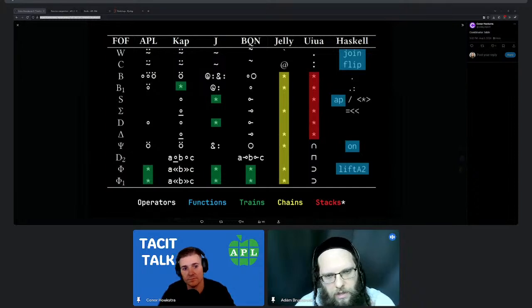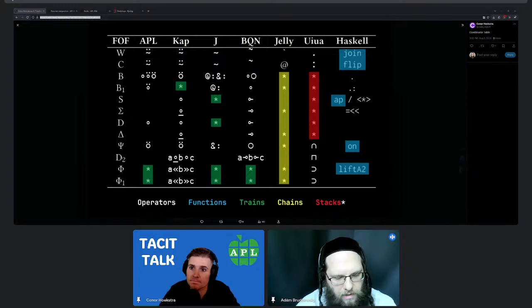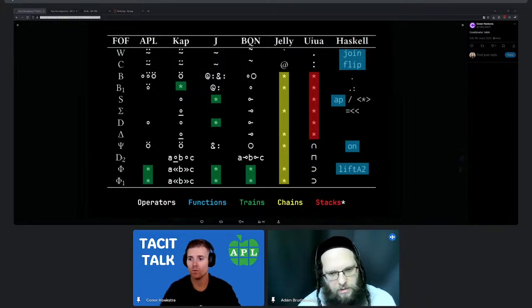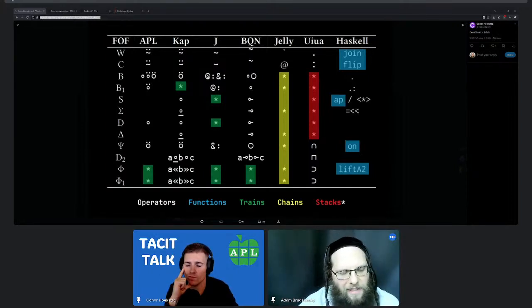It's actually interesting when we were discussing which glyphs to use in what became BQN. There were two competing schemes that things distilled down to. One was that which is now used, that monadic operators, or one modifiers, use these superscript symbols, and two modifiers, or dyadic operators, use these unbroken circles, is the official rule. And the other scheme was more inspired by what we have in APL now, but harmonized such that dyadic operators have always two dots on top, and monadic operators always have one dot on top.